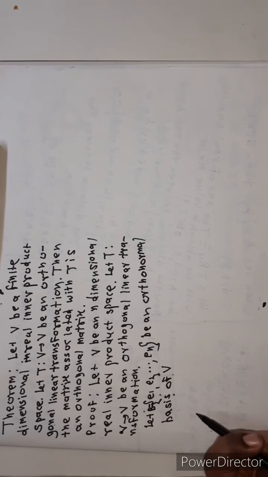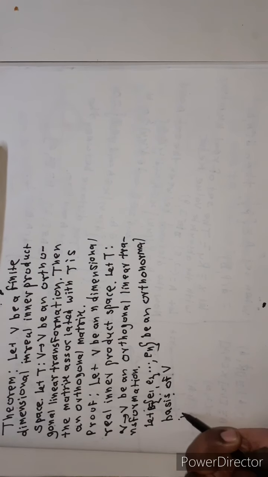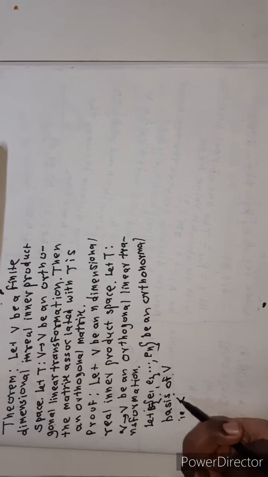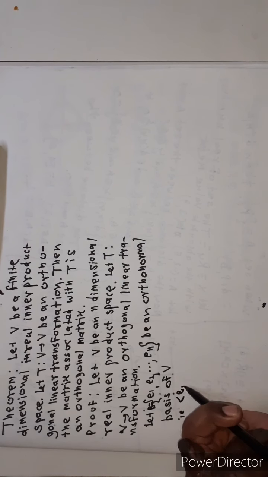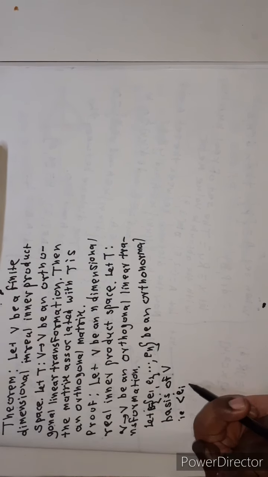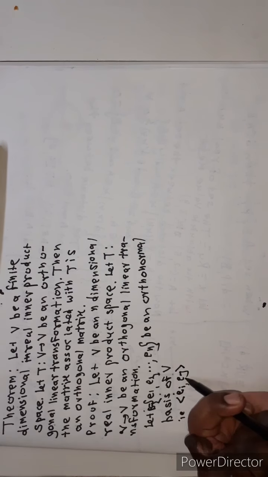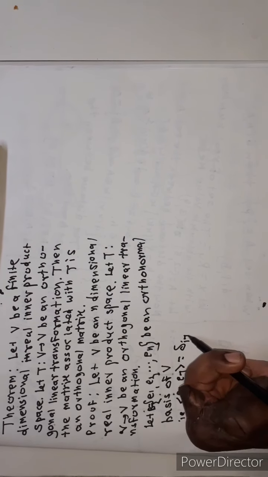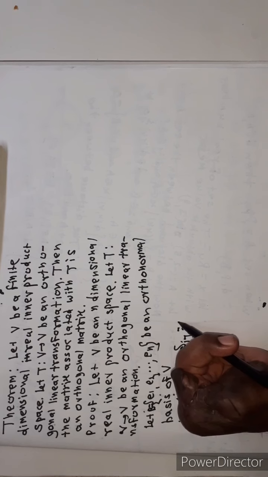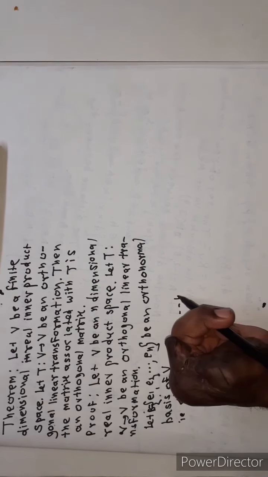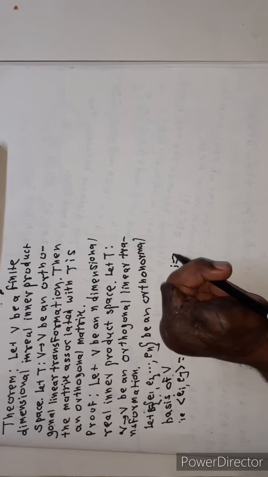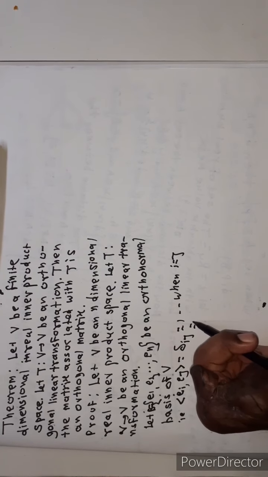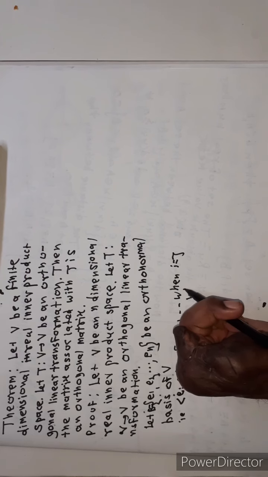That is, angle bracket Ei comma Ej is equal to delta ij, where delta ij is equal to 1 when i is equal to j, and is equal to 0 when i is not equal to j.